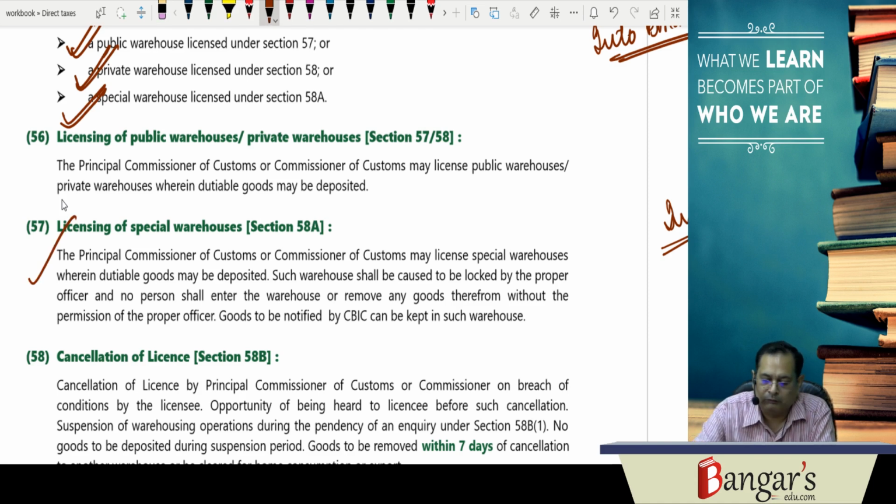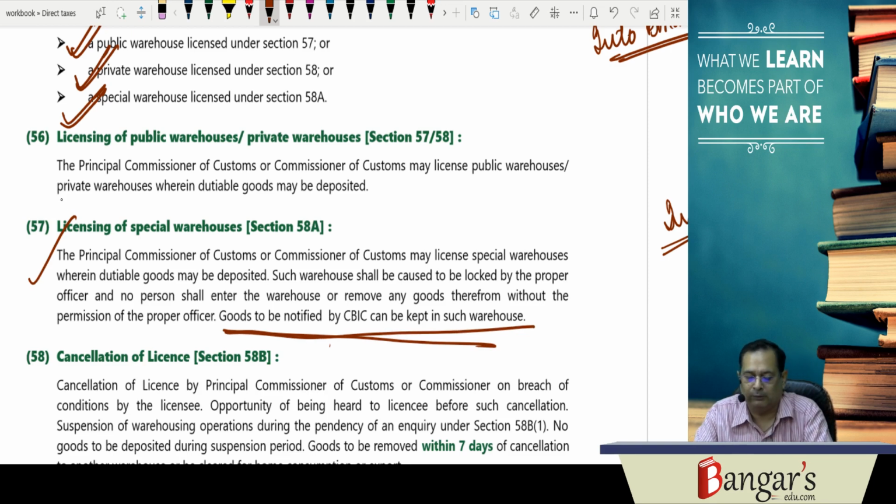Besides this, special warehouses can be licensed by the principal commissioner or commissioner of customs, and these warehouses are locked with the lock of the customs department, and no person shall enter the warehouse or remove the goods therefrom without the permission of the proper officer, and goods notified by CBIC can be kept in the warehouse.